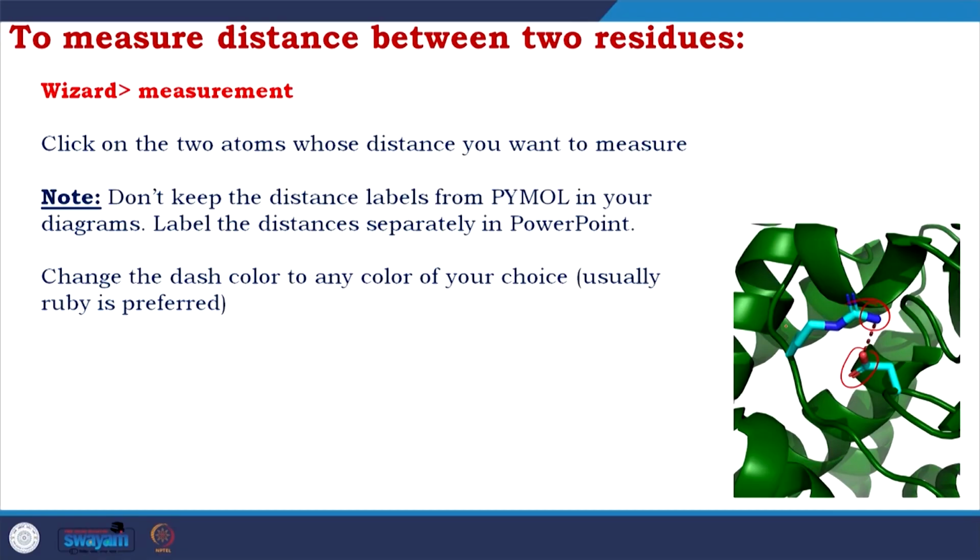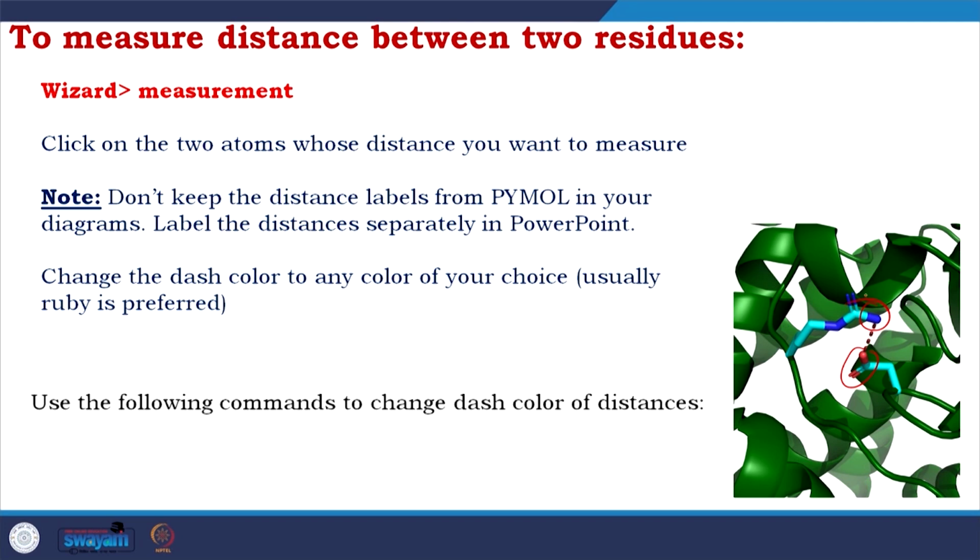Change the dash color to any color of your choice, you see the dashes. Usually we present in ruby color. Use the following command: set_color name, red float, green float, blue float, which is the RGB color code.